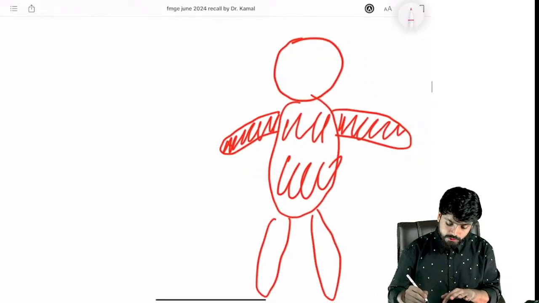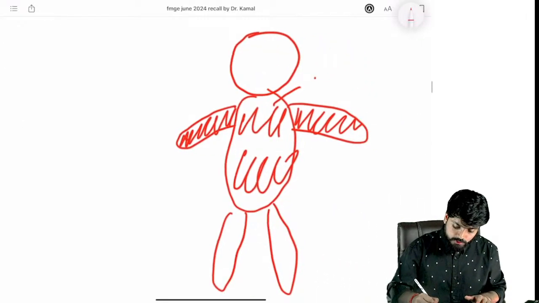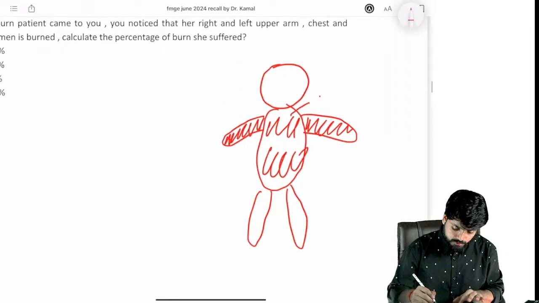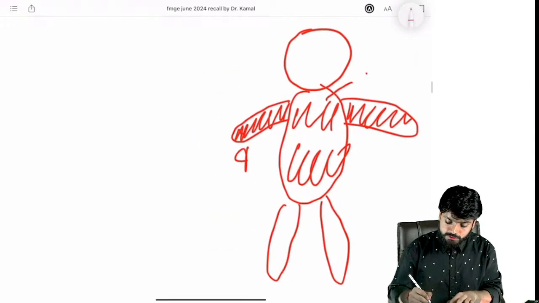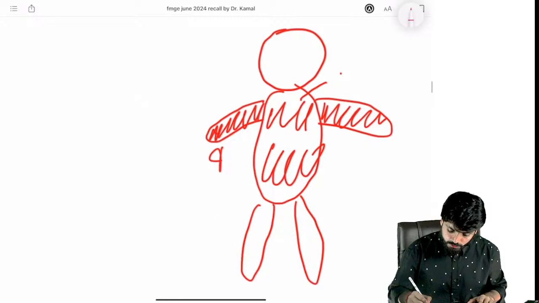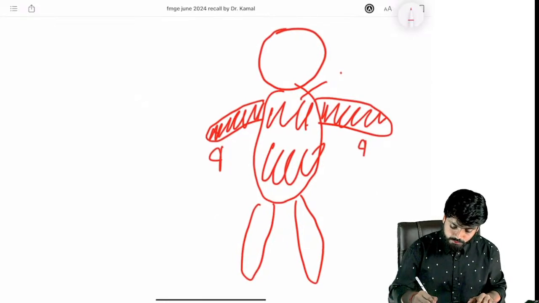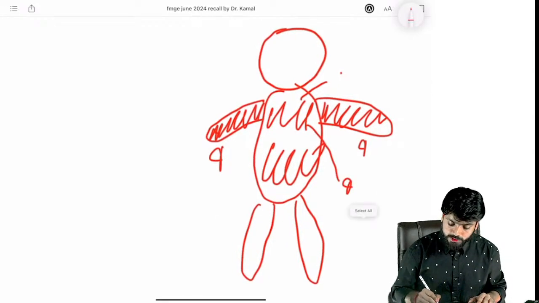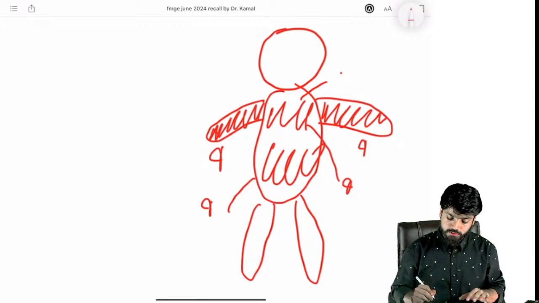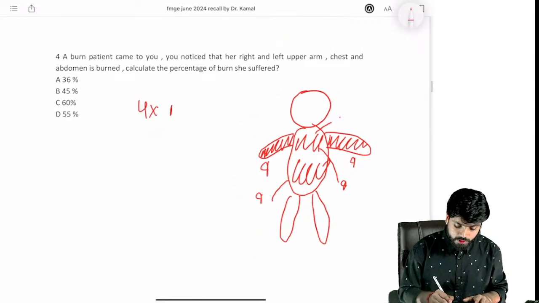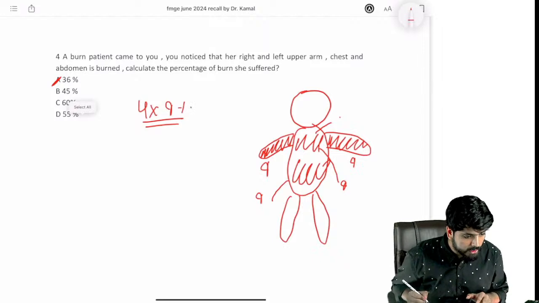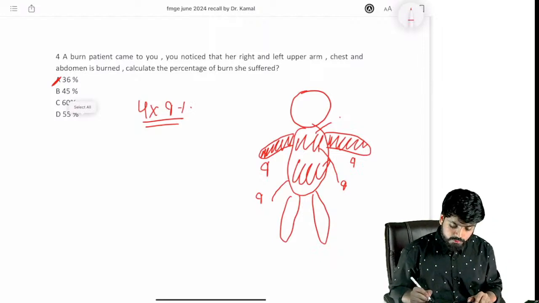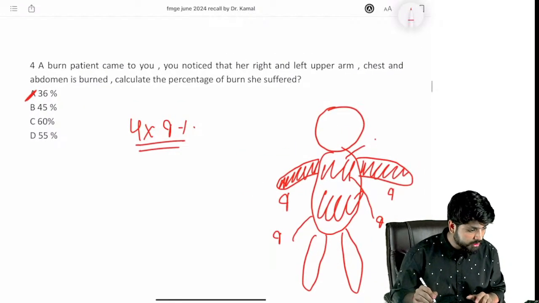So I'll give 9% for this arm, 9% for this arm, 9 for chest and 9 for abdomen. So 4 into 9%, I'll get 36%.